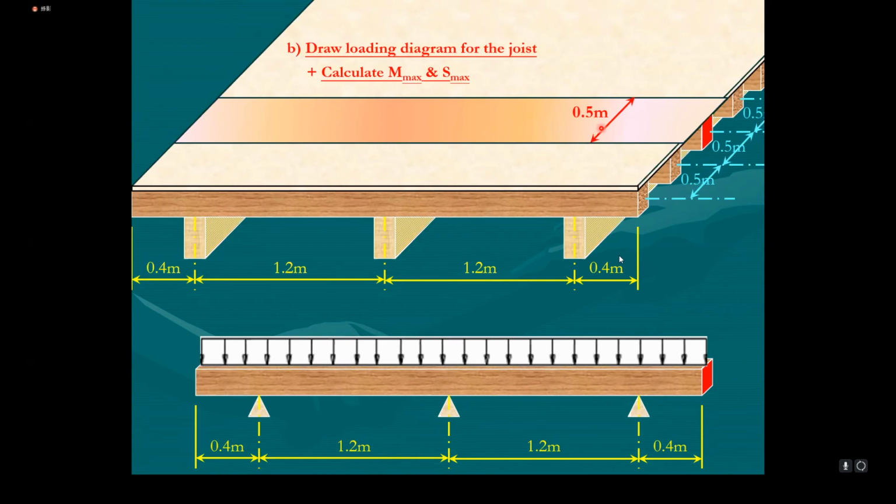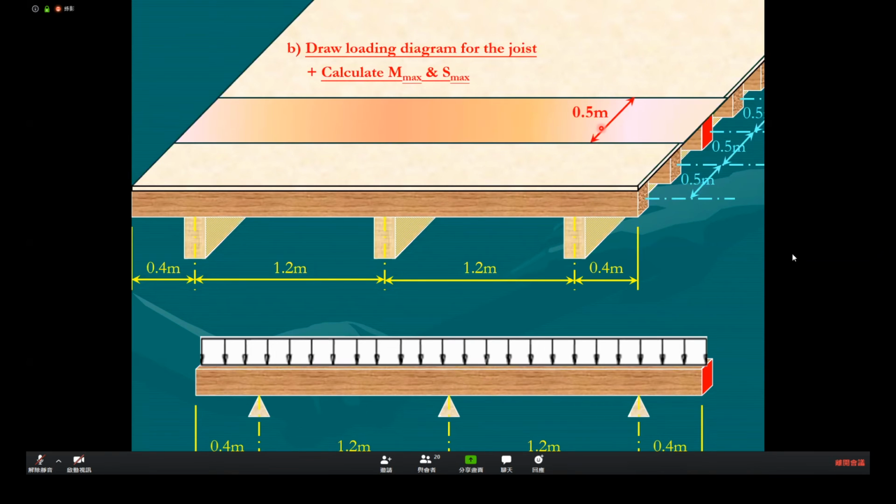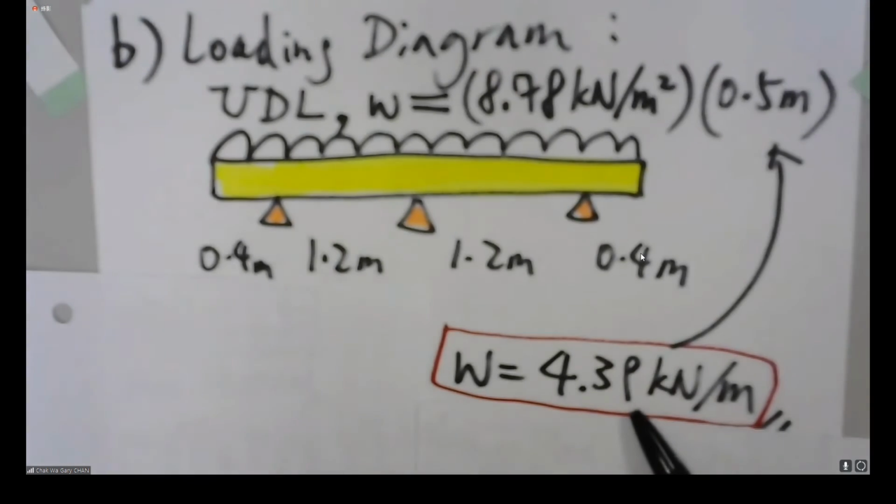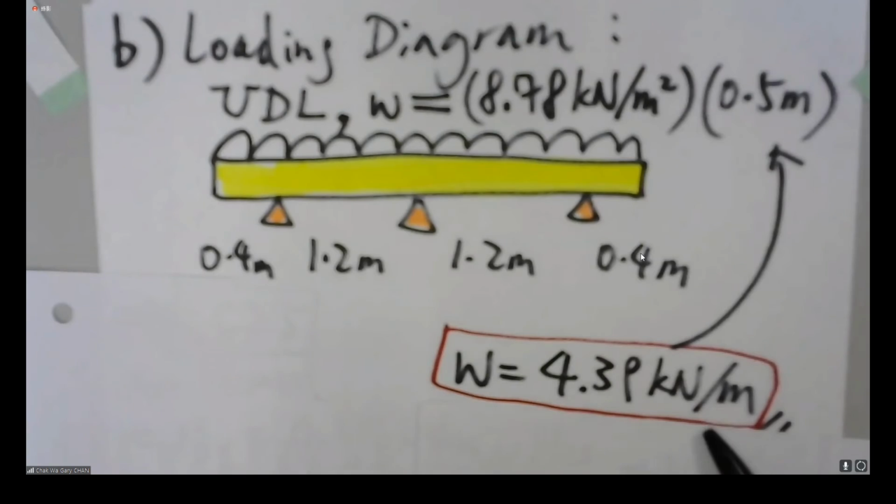So the product of these two will give you the uniformly distributed load equals 4.39 kilonewton per meter.